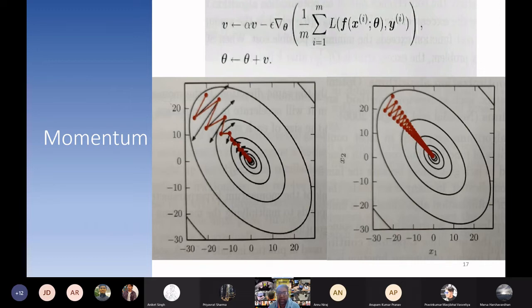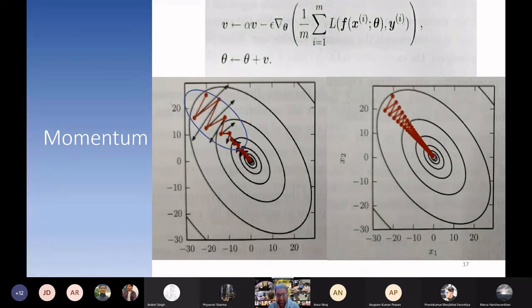Then we calculate this velocity, and this alpha and epsilon are small values, and we can choose them based on empirical measurement, or there are also some estimation techniques for epsilon. But generally we hard code them to a small value, and we will see how the effect of alpha helps us in the convergence process. And instead of the gradient del m, we use the velocity to change the model parameters.